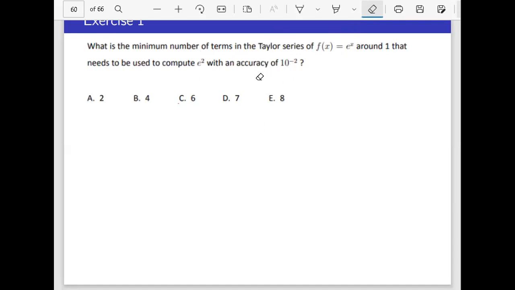We know the exponential function. First find the Taylor expansion of e to the x around which point? Around 1.